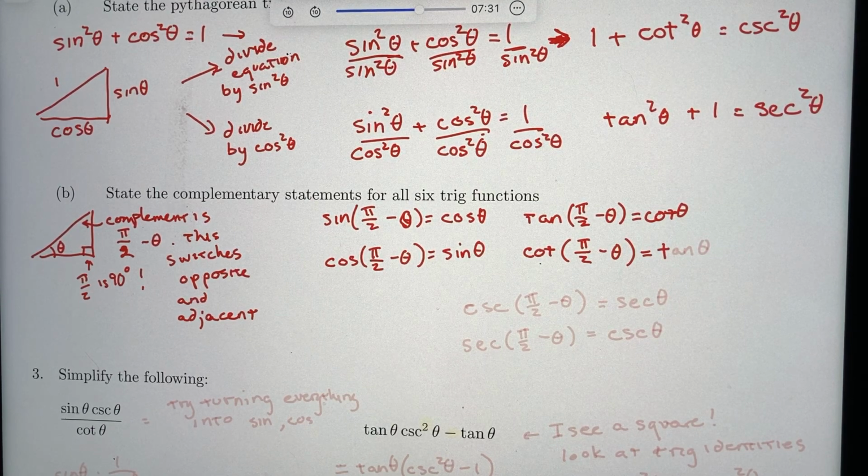And guess what happens with secant and cosecant? Yes. They switch also. So cosecant of the complement, 90 minus theta, is secant of the original, and vice versa.